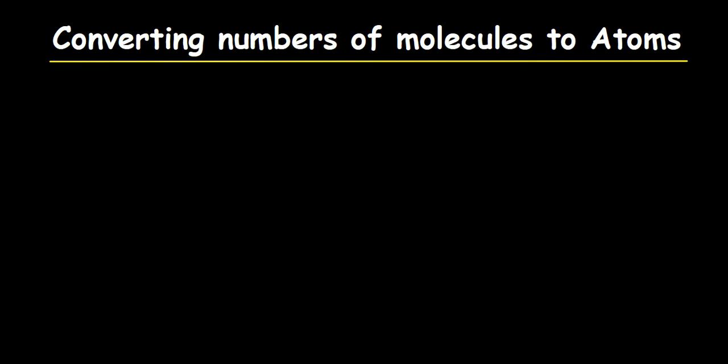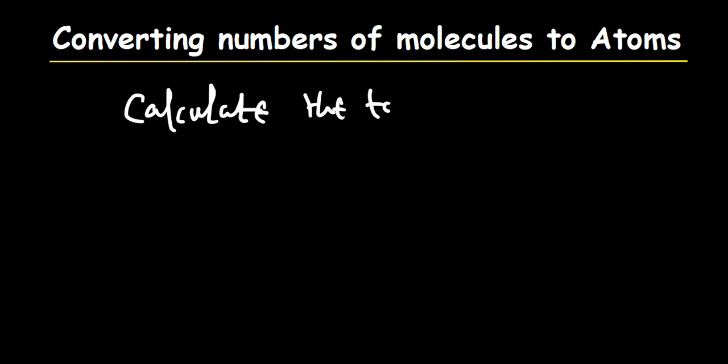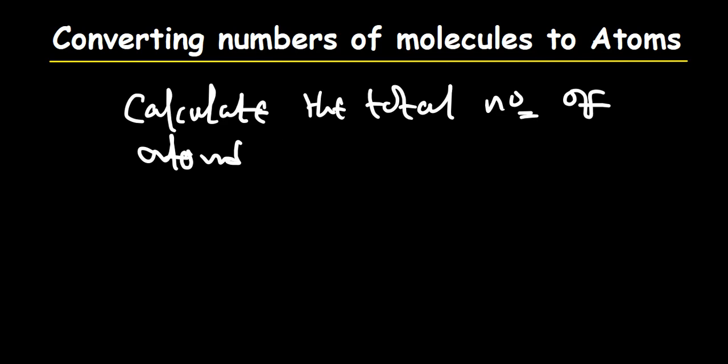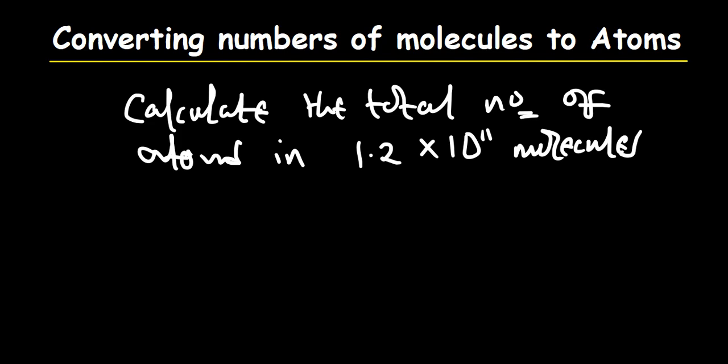The example can be: calculate the total number of atoms in 1.2 multiplied by 10 to the power 11 molecules of carbon dioxide.